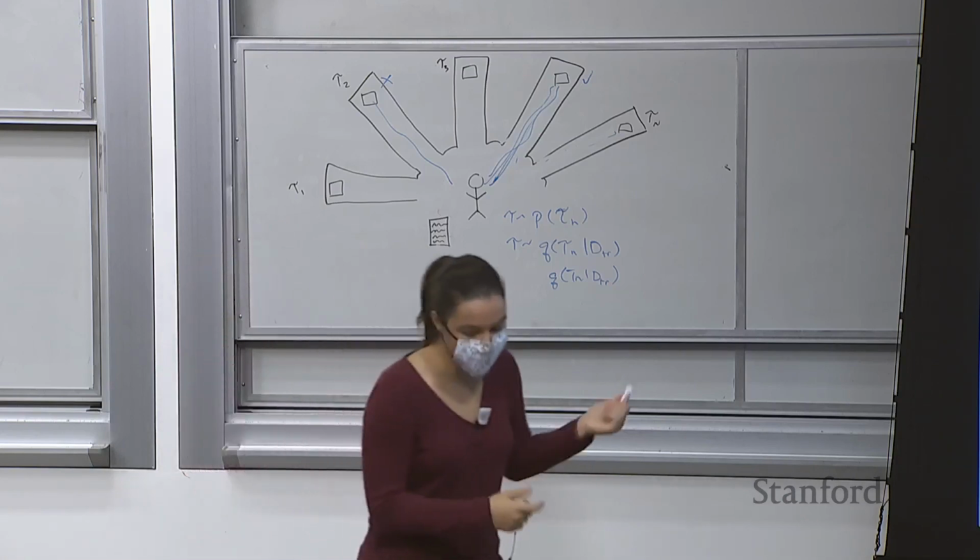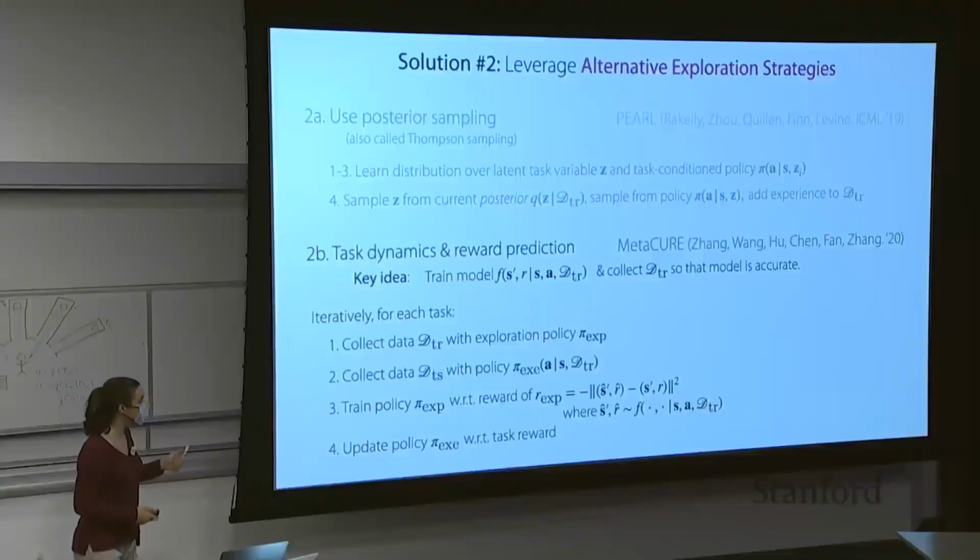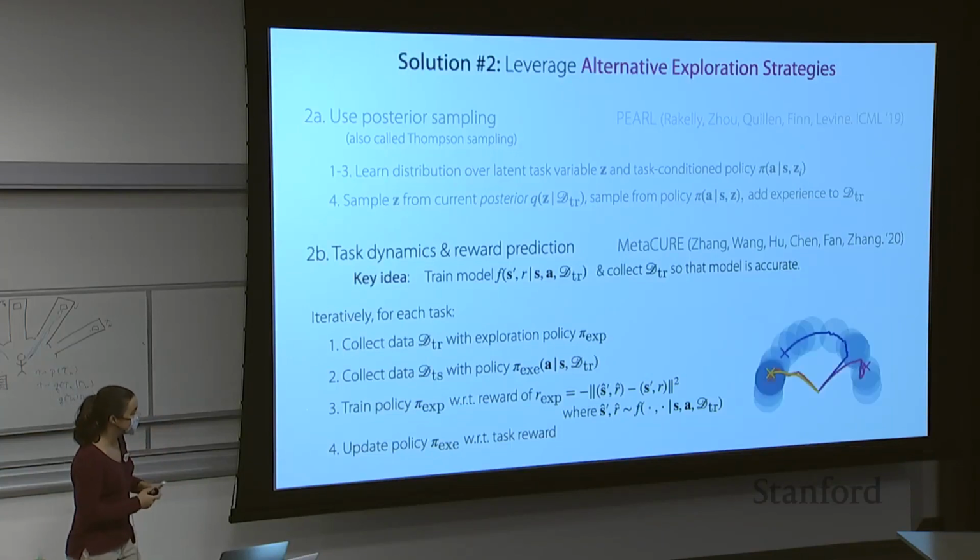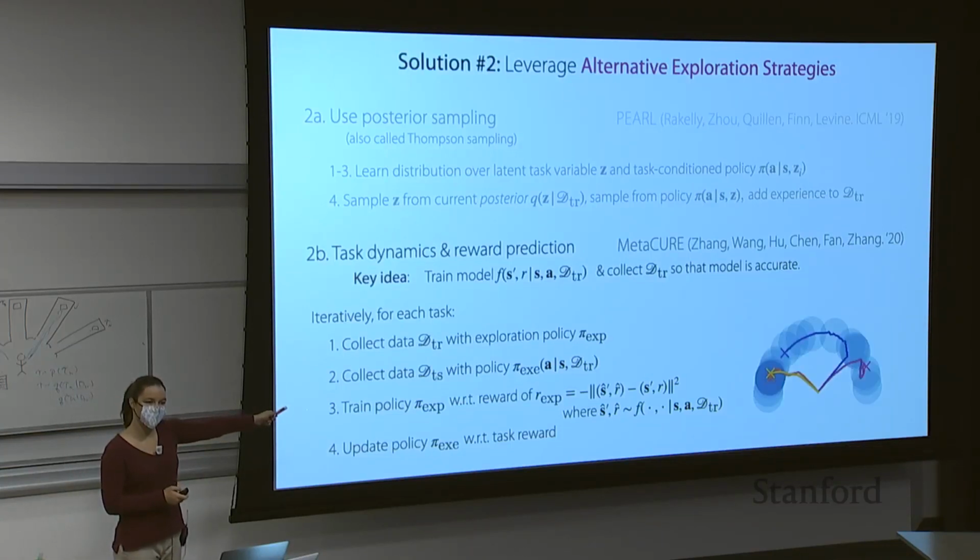And so if you also look at the example that we looked at before, where we have these different goals, then it will actually learn a policy that looks like this, where it's essentially trying to learn how to estimate the reward of the task. And a good way to explore to figure out what the reward is to actually go around the circle rather than sampling from the posterior.